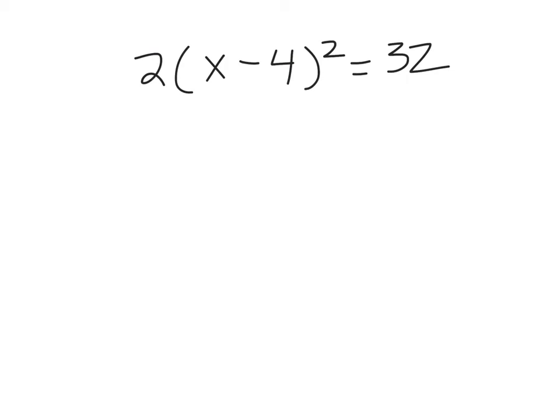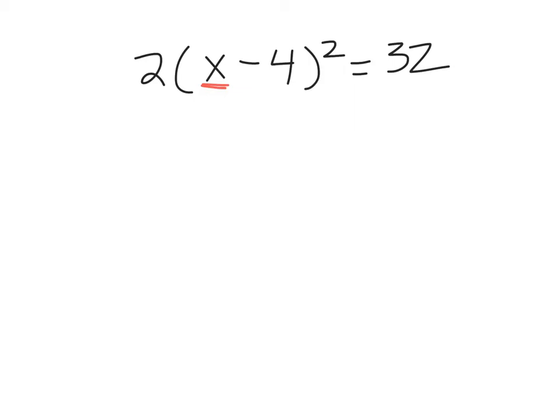All right. So this one looks different, but it is still one we're going to use root method for because I have only one term that has an x, but it looks more like it's in vertex form right now. So we're still going to do reverse order of operations, working from furthest away from x to closest to x.